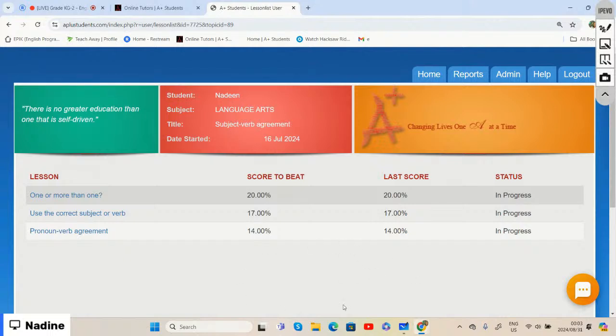All right. So this is a continuation of our previous lesson, also on subject verb agreement. So we are now going to continue the lesson.